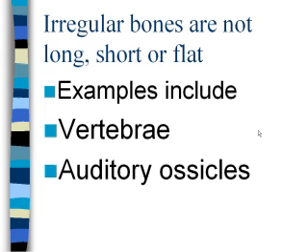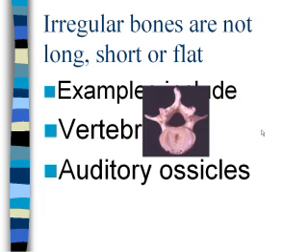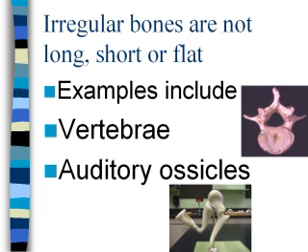Okay, auditory ossicles. These are your ear bones, bones that are in your inner ear. So the auditory ossicles, the hammer, anvil, and stirrups, incus, malleus, and stapes.